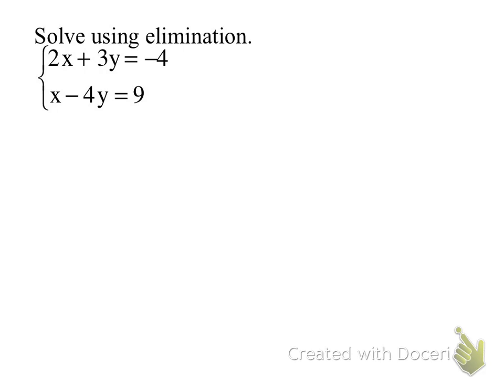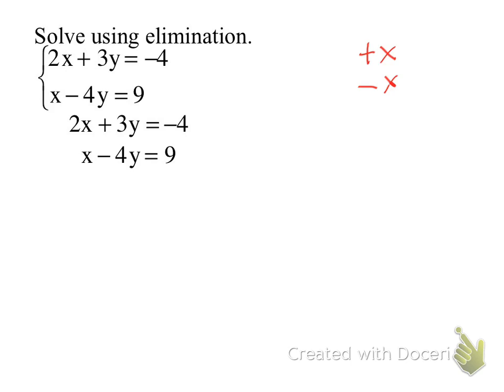Now what? I've got two equations, and now I've actually got to do some manipulation. What do you think I have to do? I need to get, whenever I have a plus x and minus x, does anybody know what we call those?